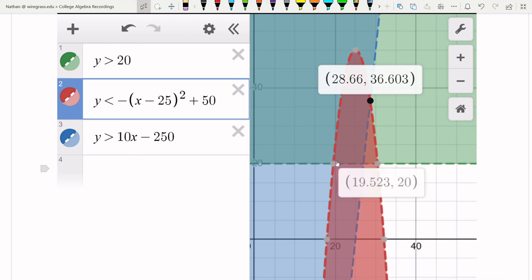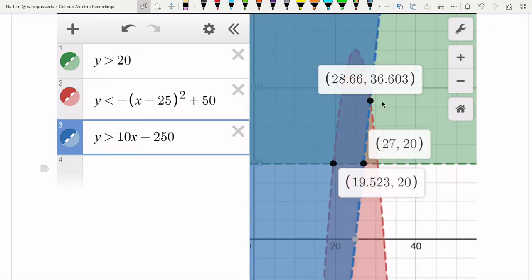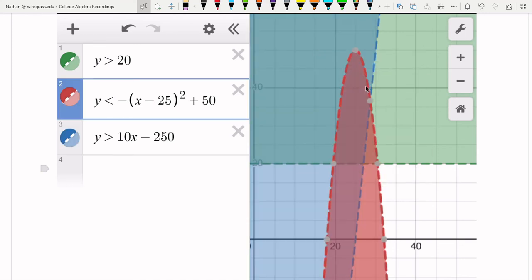You can see that it has these corner points. The interesting thing about systems of nonlinear inequalities is that you won't have all corner points, right? These are 3 corner points. But on this side, you can see that we have a rounded portion here. There is this vertex, but that's not really a corner point.